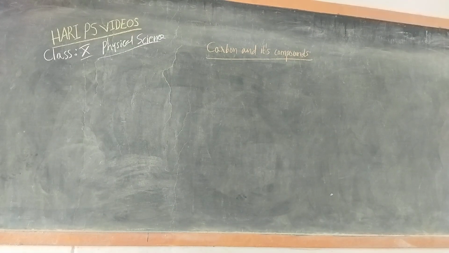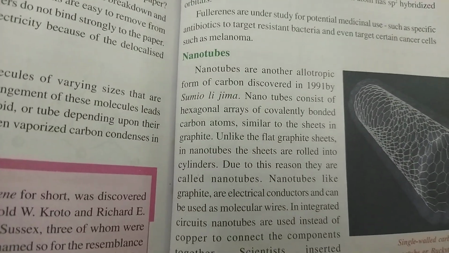Then there are some others also. Nanotubes are another allotropic form of carbon, discovered in 1991 by Sumio Iijima. So let us see something about the nanotubes.